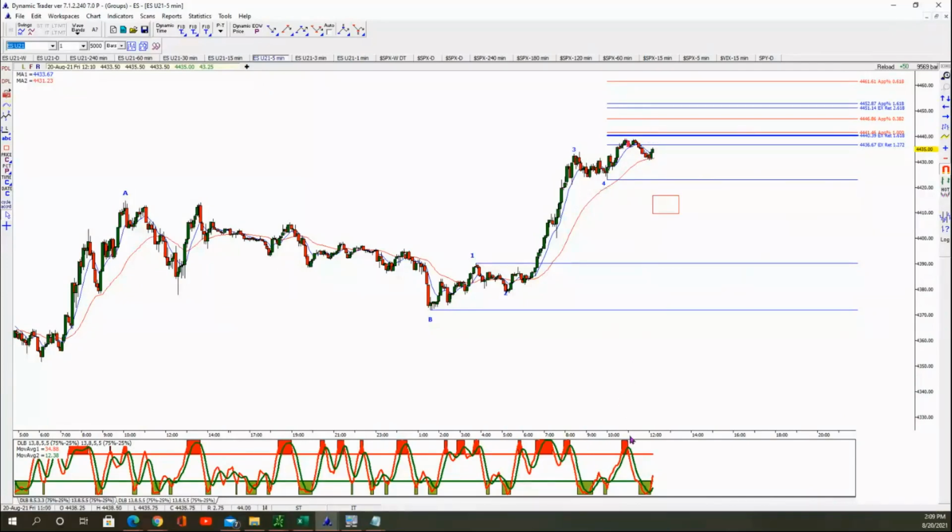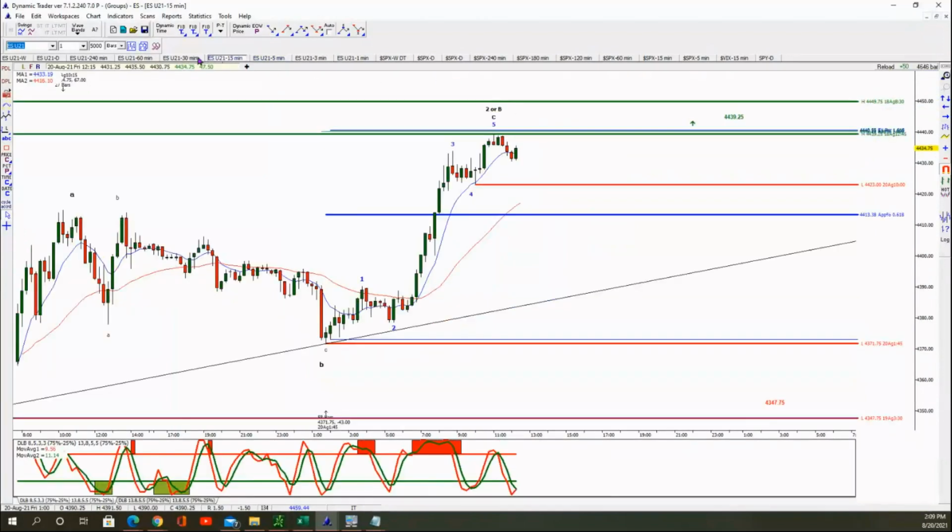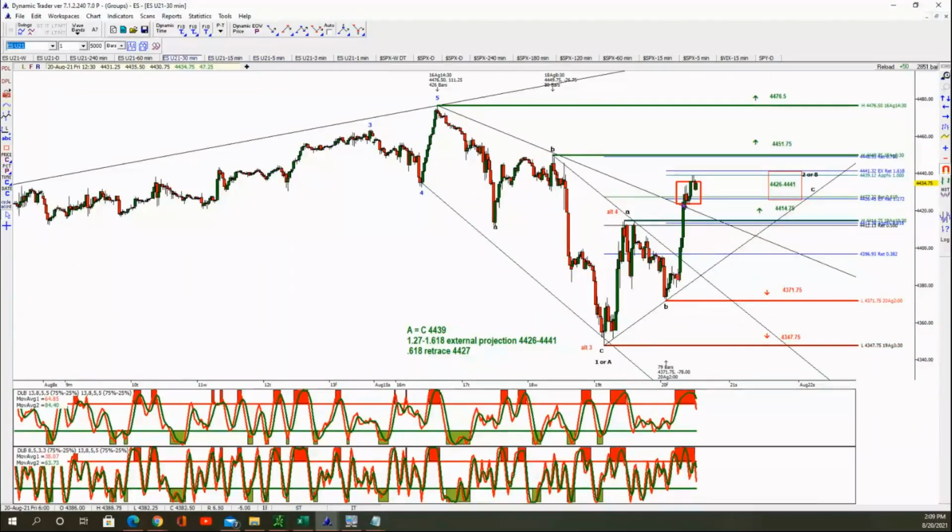So you can either take these down further, and you can go 1, 2, 3, 4, and do the whole thing over again. You put in your 1.27 from here, and you're starting to get some solid resistance zones here. And I also know, guys, from these higher time frame charts, that the 100% of this A versus B right here is right there.